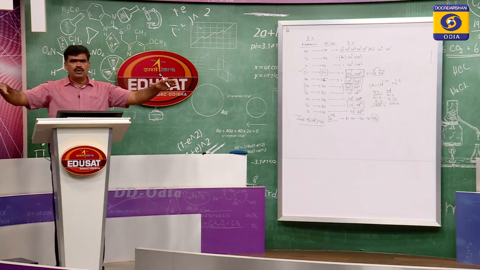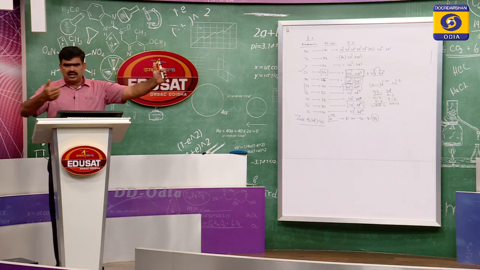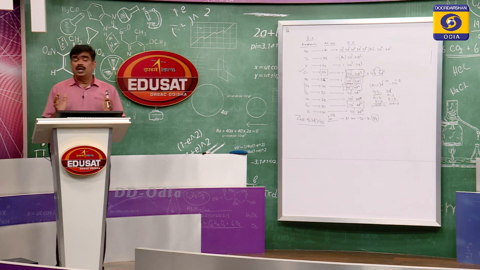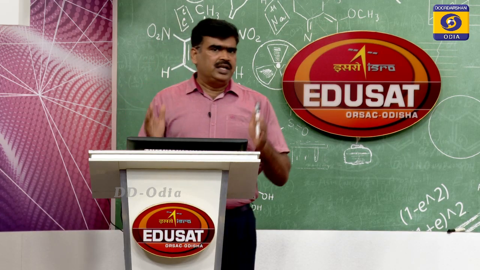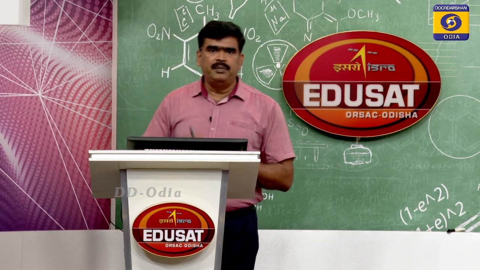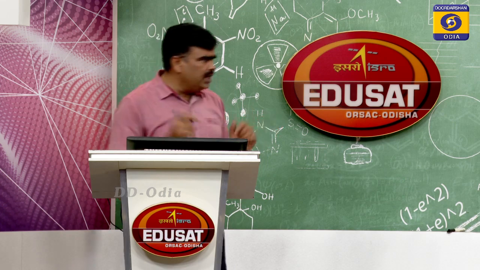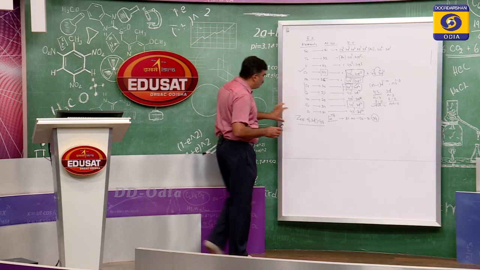Overall, if you look from scandium to zinc, there is a slight decrease in atomic size, but that trend is not as much as in P block. So, there is a change in atomic size, but no regular trend. It is because effective nuclear charge again plays an important role.